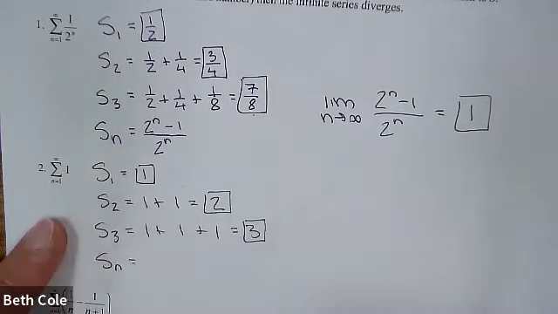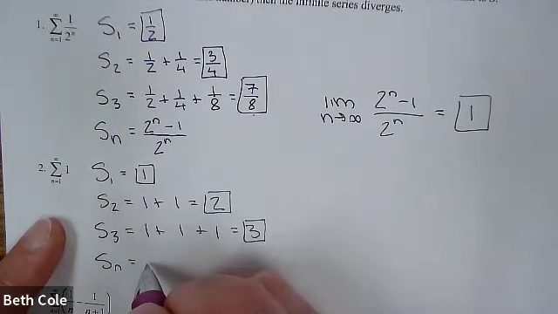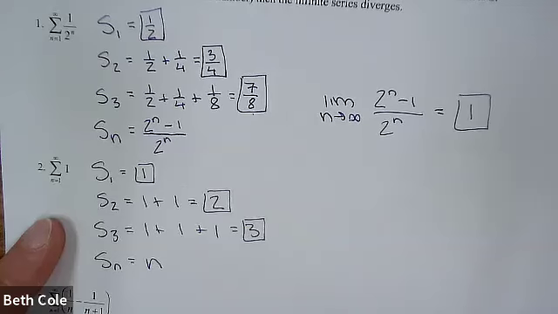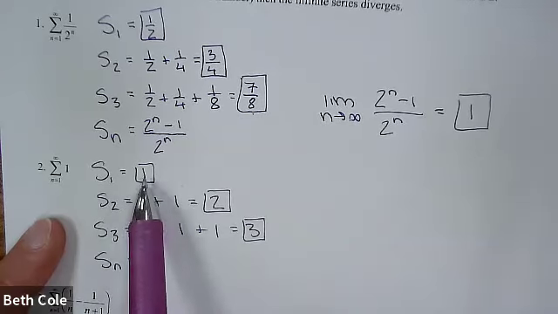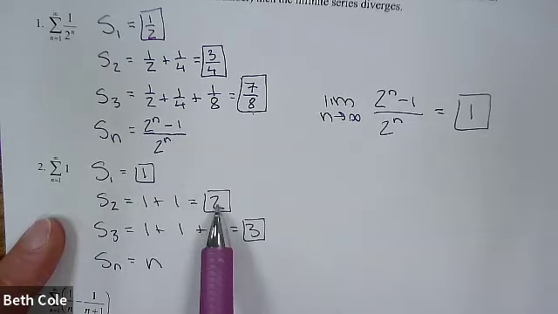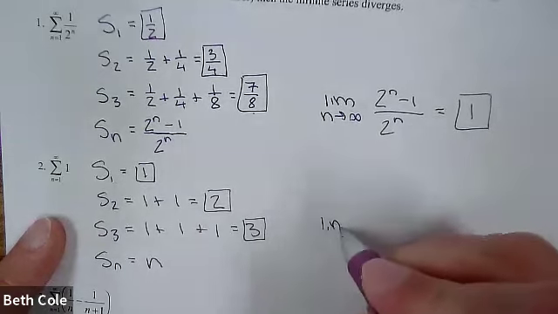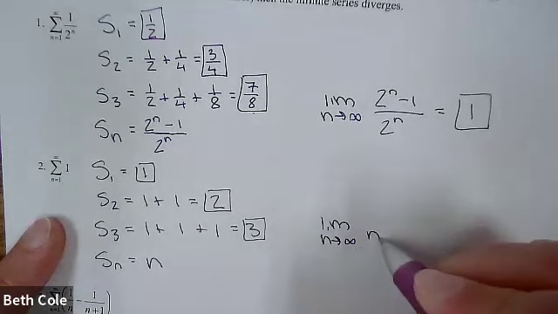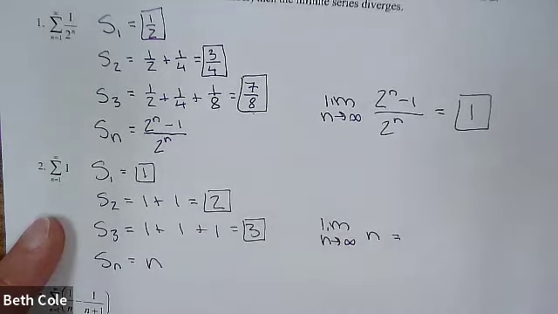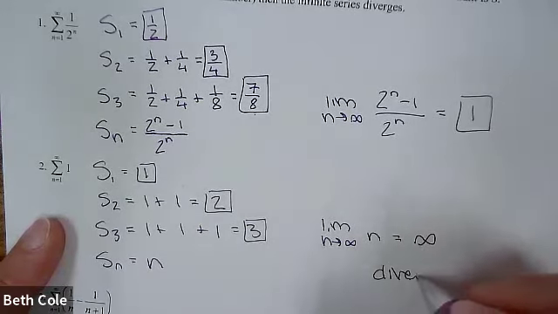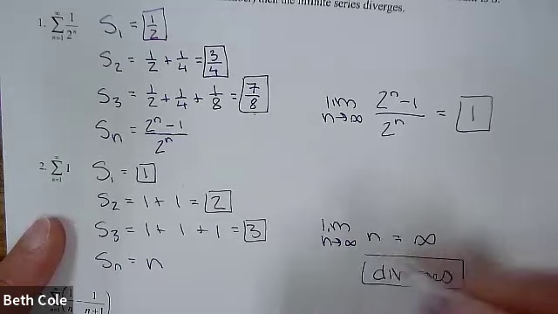All right, so what is the pattern? It's 1n. Yep, 1 times n, because for this one n is 1, and for this one n is 2, and for this one n is 3. So cool. All right, so the limit as n goes to infinity of just n is infinity, and so divergence.